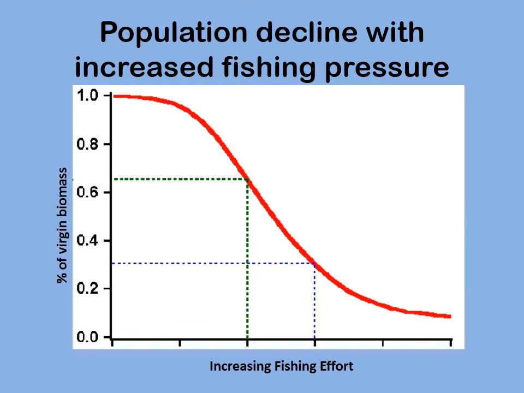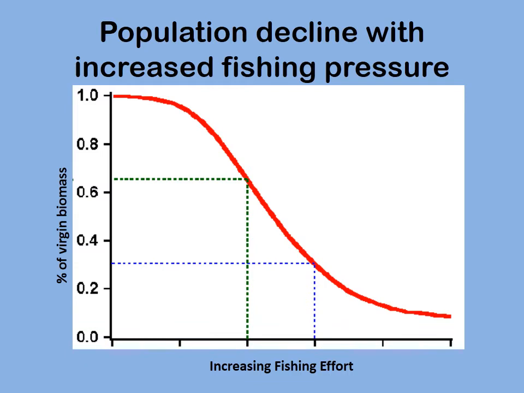If you have very few boats down near the 0 point, then your population is going to be near carrying capacity. The percent of virgin biomass, if it's 1, then you have 100% of the virgin biomass, and that is carrying capacity.